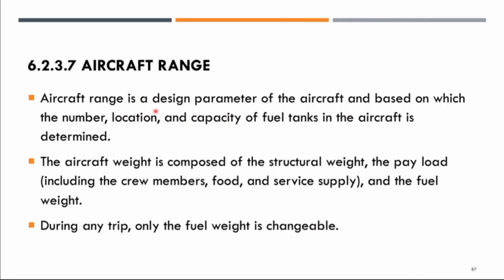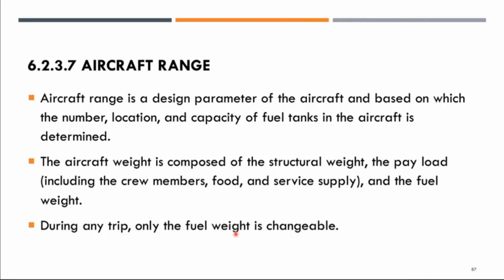the aircraft range. The aircraft weight is composed of the structural weight and the payload, including the crew members, food and service supplies, as well as the fuel weight. During any trip, only the fuel weight is changeable, because at takeoff you probably want to have maximum fuel, with a limitation of maximum takeoff weight.